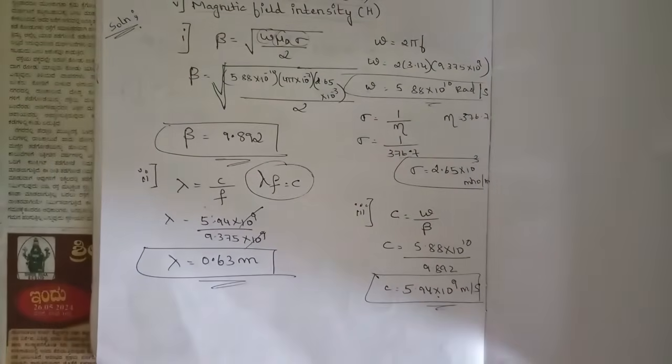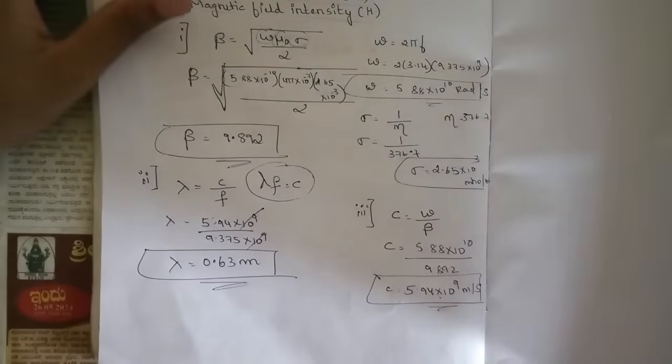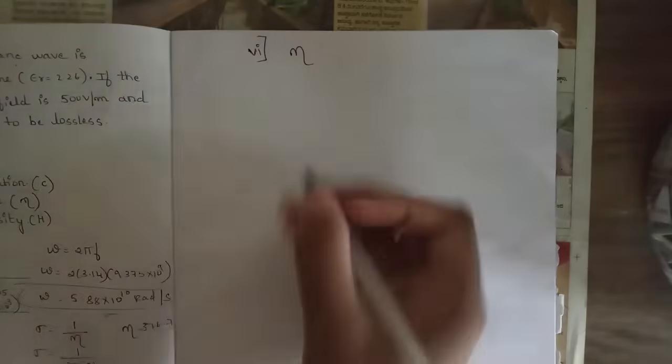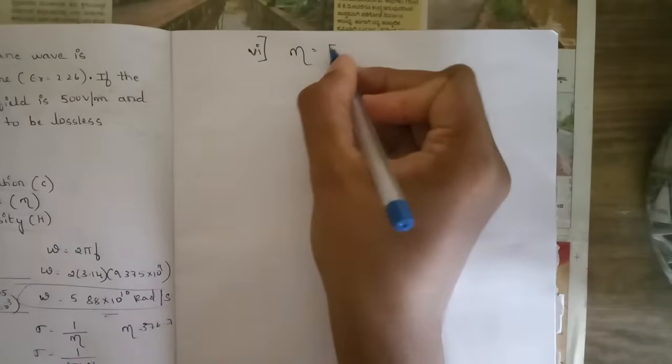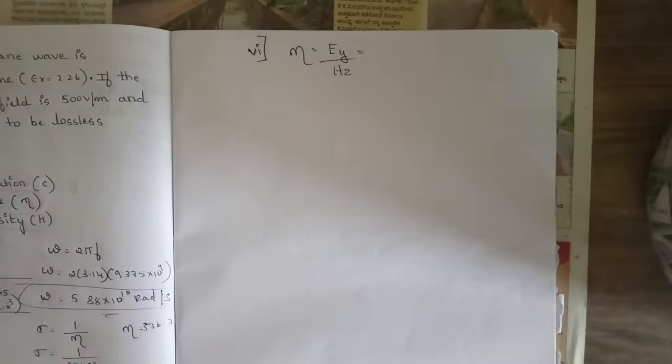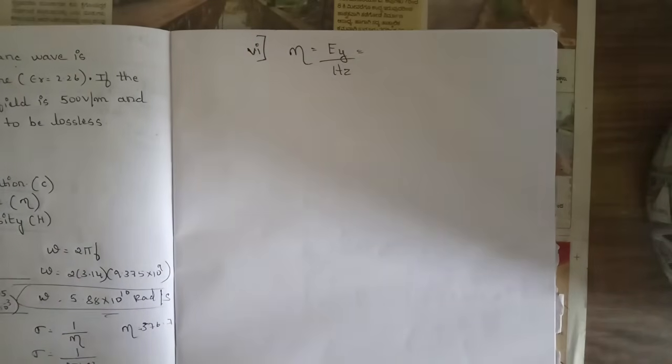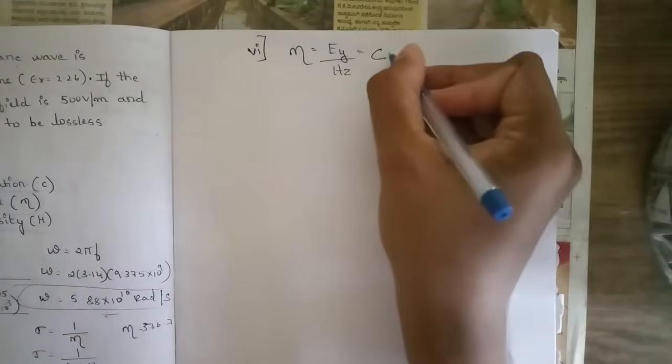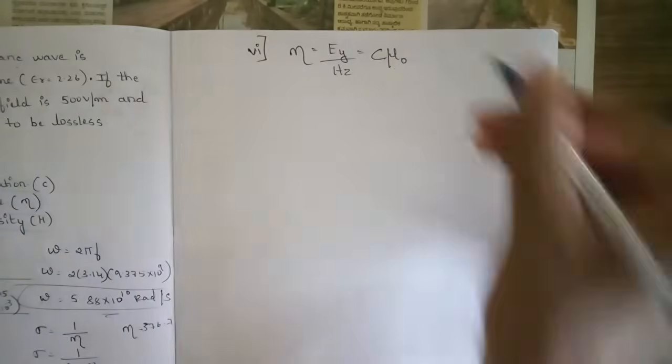So in the next question they have asked to find the intrinsic impedance, that is neta equal to Ey by Hz. From the derivations of the intrinsic impedance of free space, we have got one relation, that is Ey by Hz is equal to c times mu naught, right?